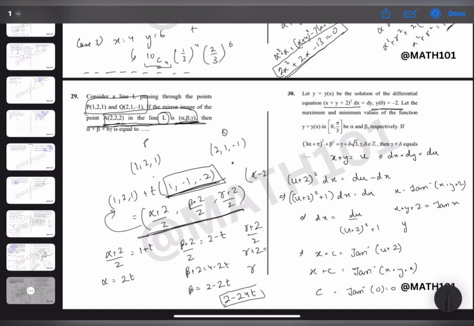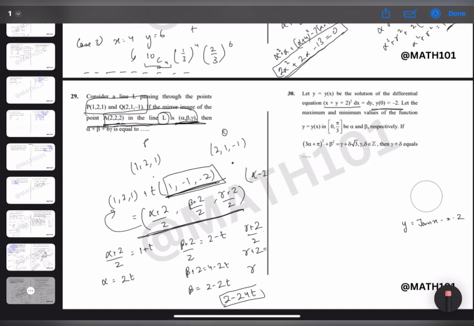Okay, y equals tan x minus 2. We need to find the maximum and minimum values in 0 to pi by 3. So this is our y. So differentiating, we get y prime equals sec square x minus 1 equals tan square x.